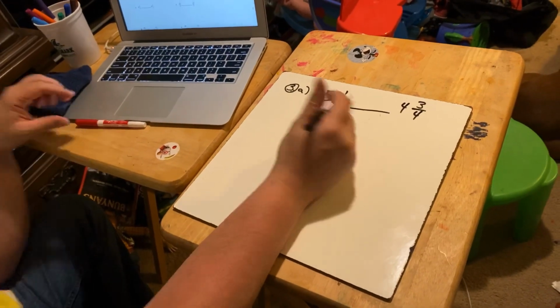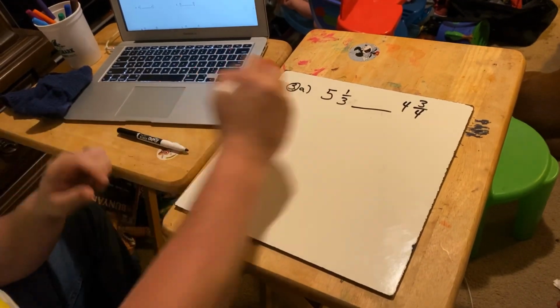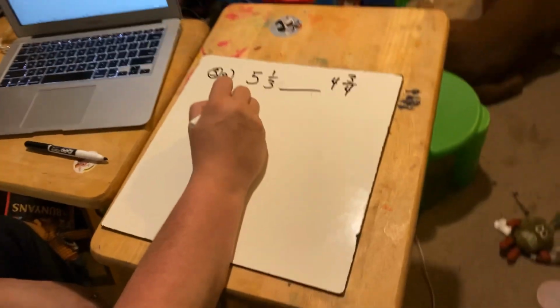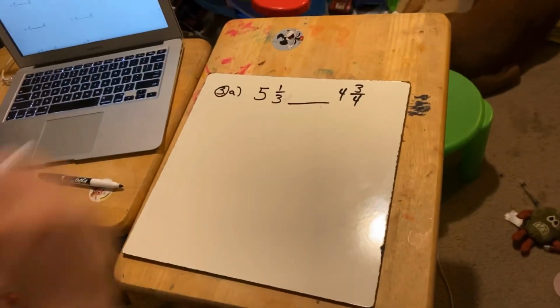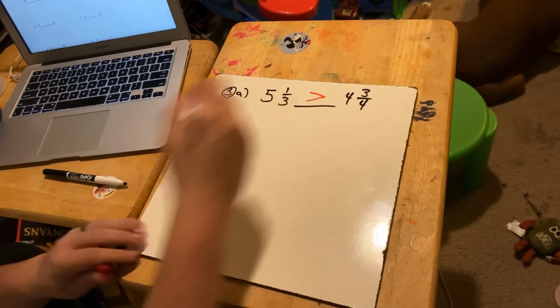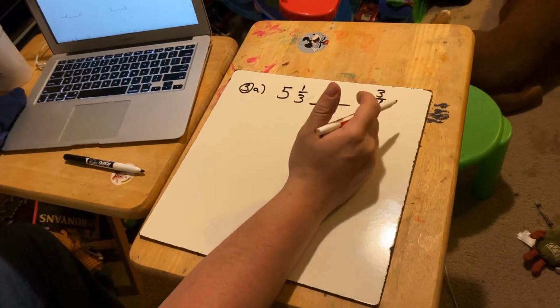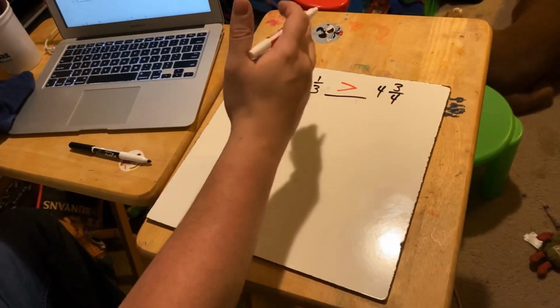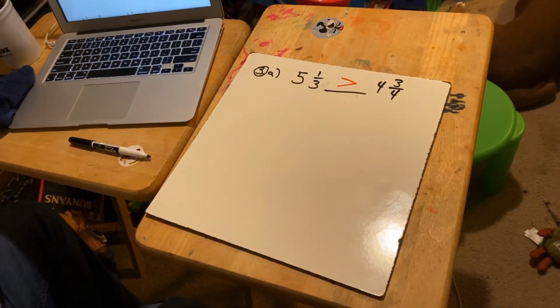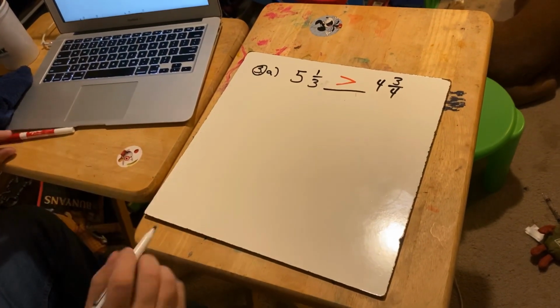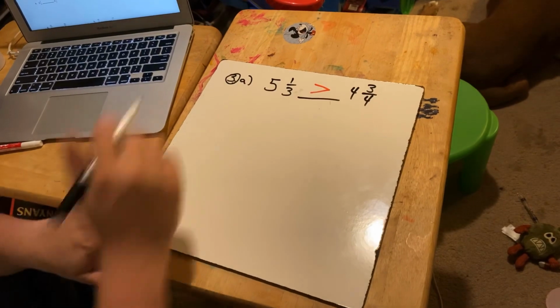You know that this is 5 and this is 4. Then which is going to be greater? 5 1/3. It doesn't matter what those fractions say. 4 3/4 is a smaller fraction. So 5 1/3 is greater than 4 3/4. A is going to be an easy one.